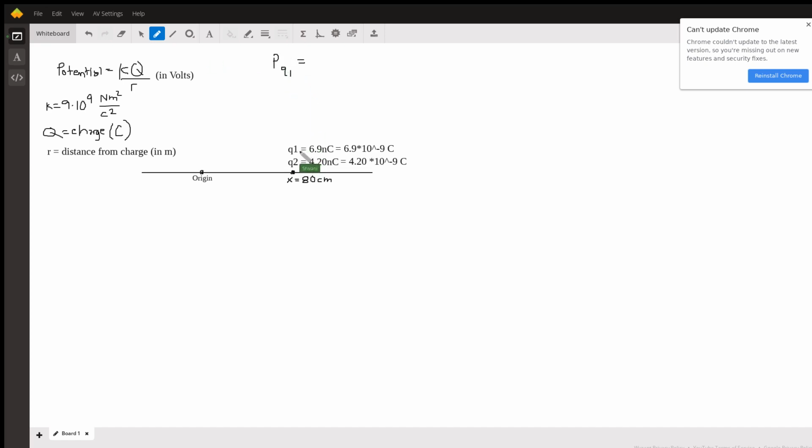So potential from Q1 is 9 times 10 to the 9 times 6.9 times 10 to the negative 9.